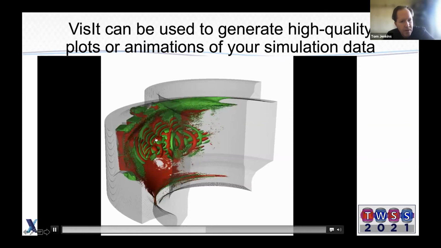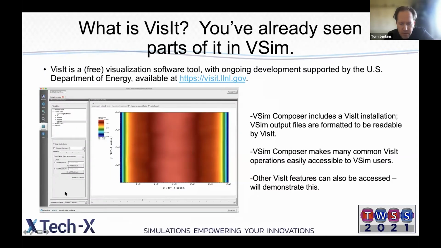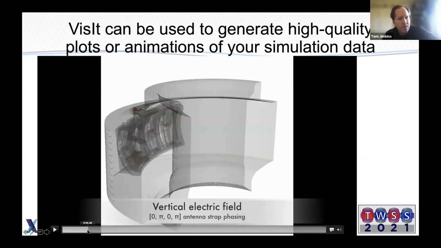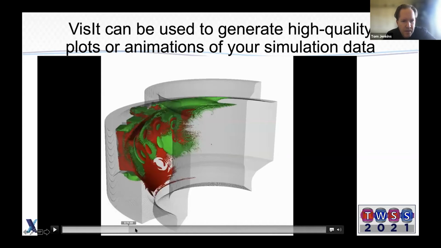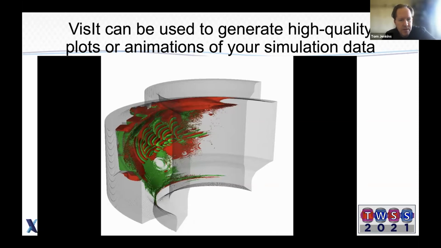So you can see you get these very complicated wave effects. So you can see you're starting with this very complicated antenna structure here, and then as you evolve the simulation, this is all done using VSim, then you can get these complex wave structures that propagate in and hopefully produce the physics that you want to heat your core plasma and teach you something about what's going on in the experiment.